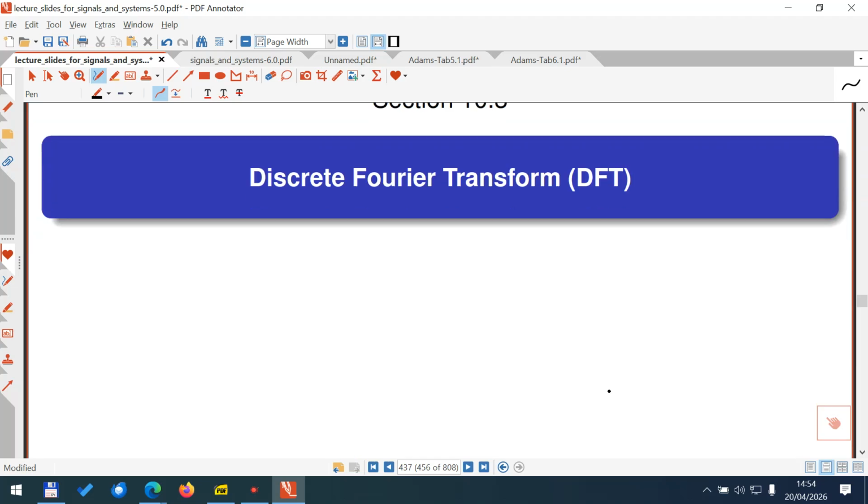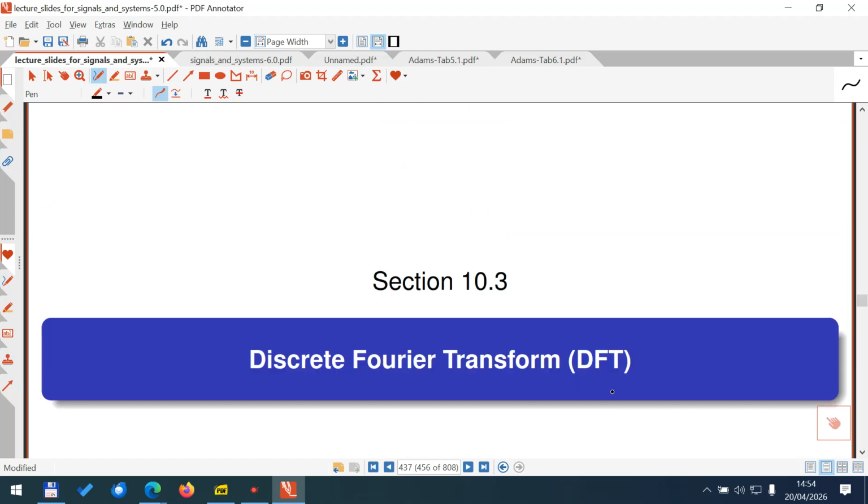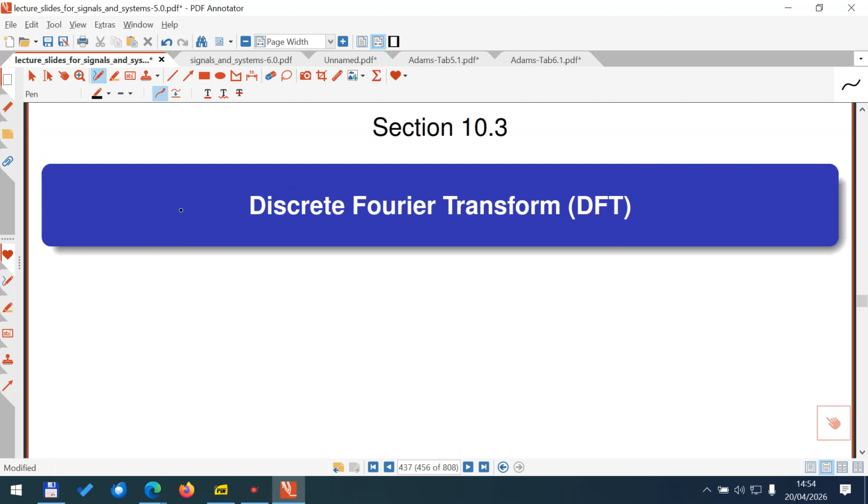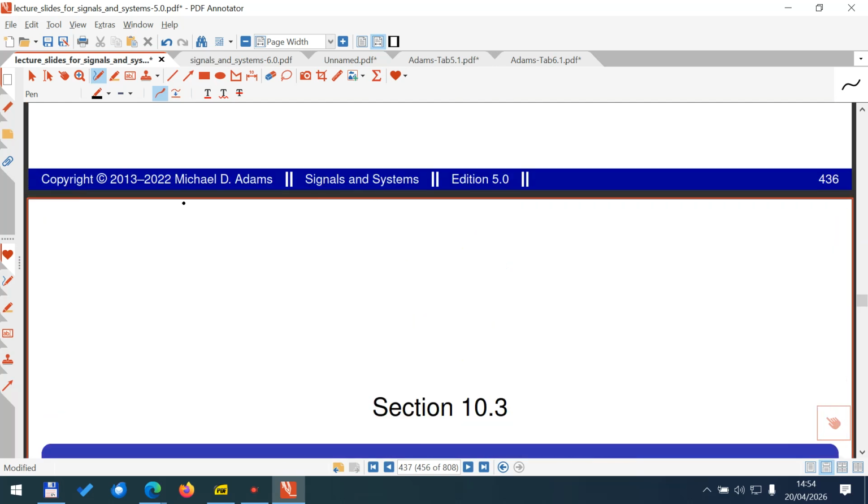We had this. So now let's recap. What we had was a discrete time signal, and our goal in discrete time Fourier series was to express this as a sum of these exponentials.